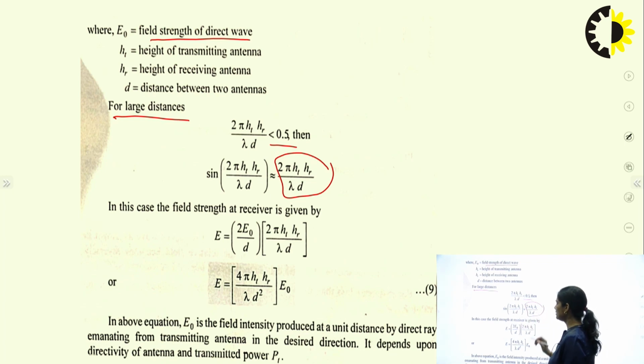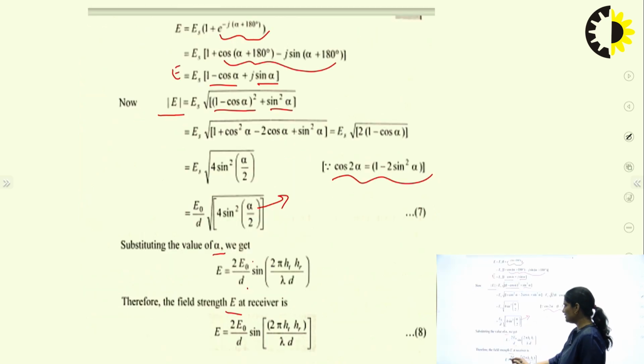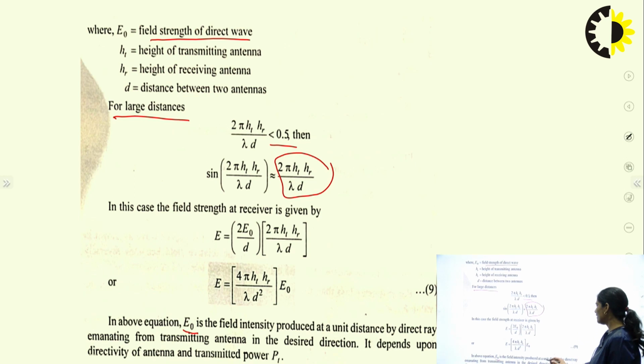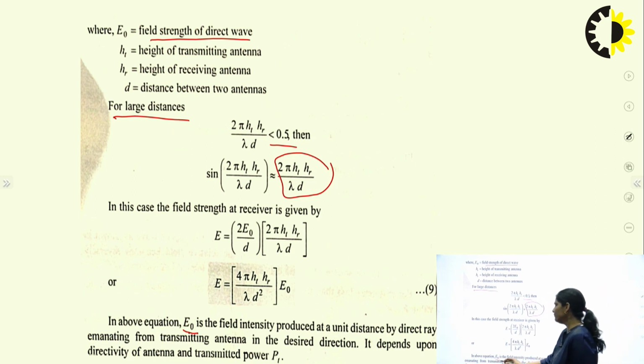You can put theta in the previous equation, E is equal to 2 E naught upon D sin theta. So you can put this value and you will get E is equal to 2 E naught upon D (2 pi HT HR upon lambda D). Now we can solve it and you will get E is equal to E0 (4 pi HT HR upon lambda D squared).